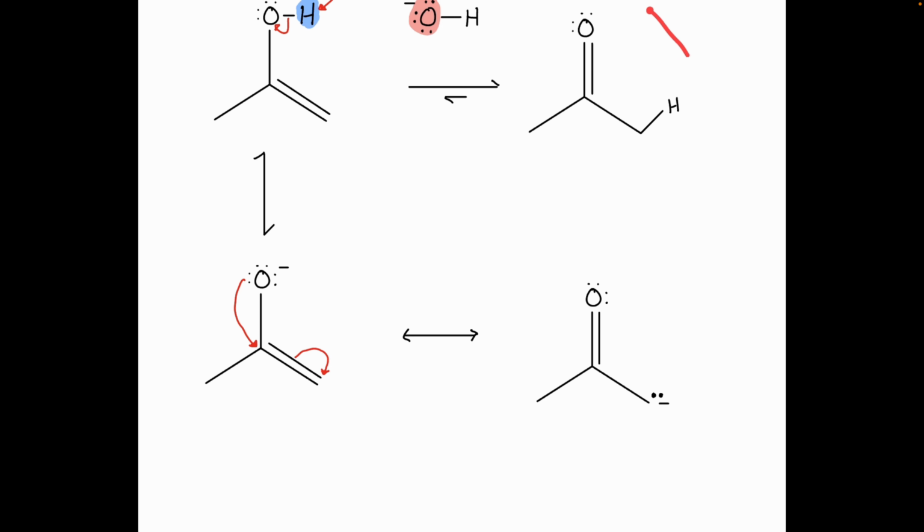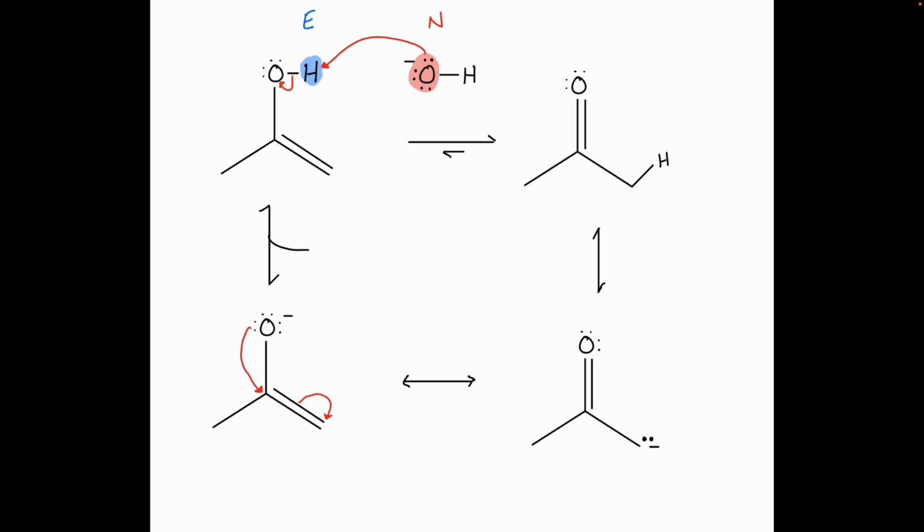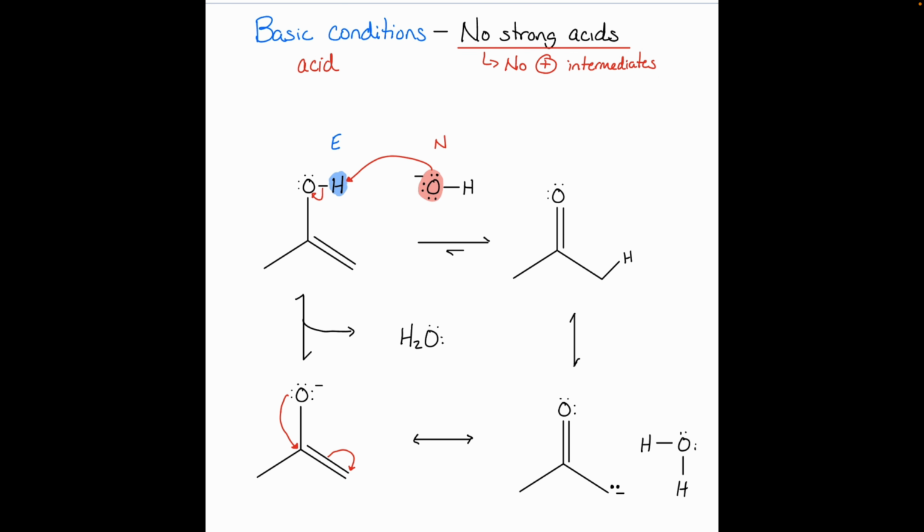So I need a proton donor or an acid, but we're under basic conditions, so I'm not allowed to use any strong acids. So what am I going to use as my acid? Again, water, and we should have been good. We did produce water at that first step. So we have this proton donor floating around here. Everybody take a second and finish this mechanism off.